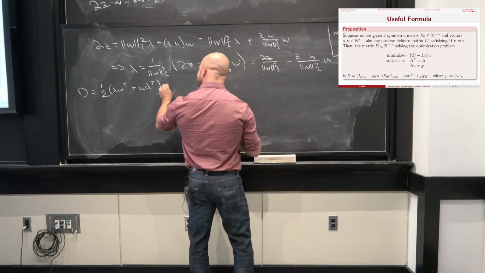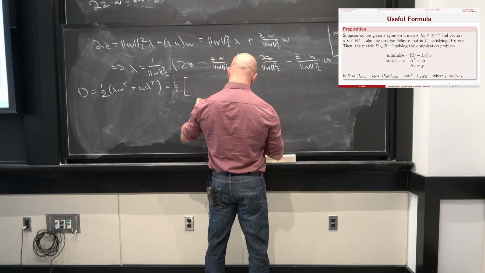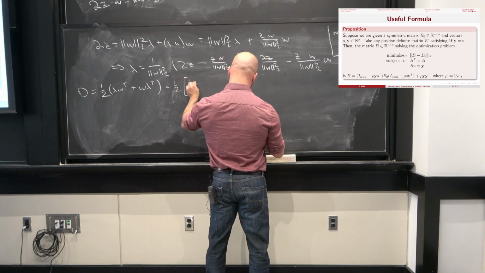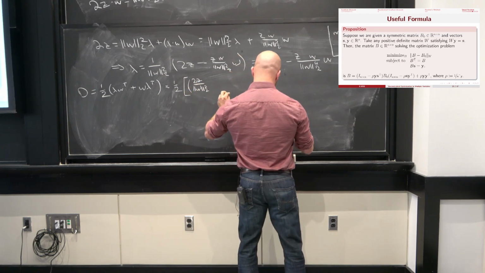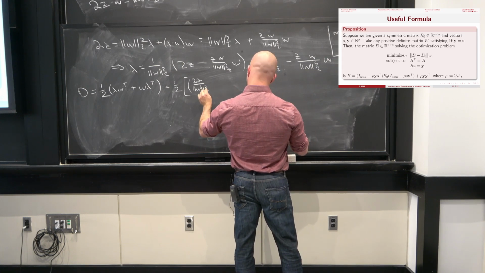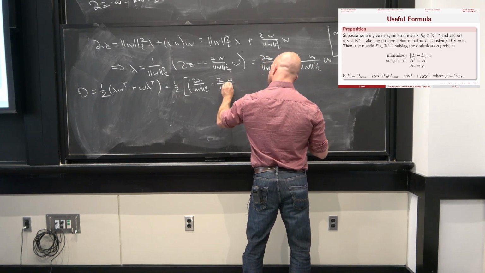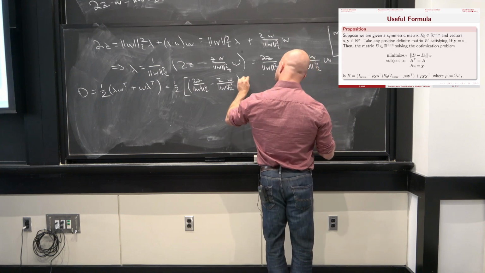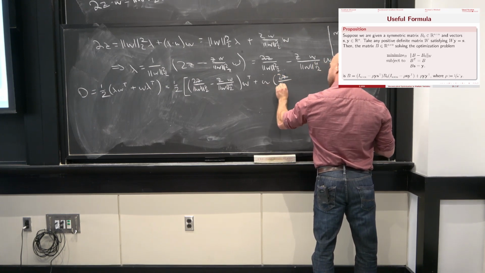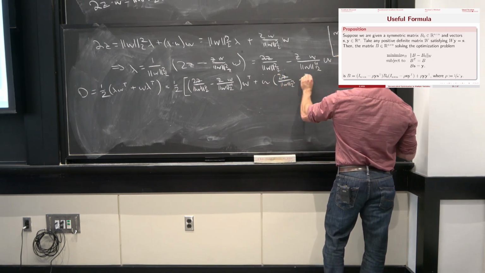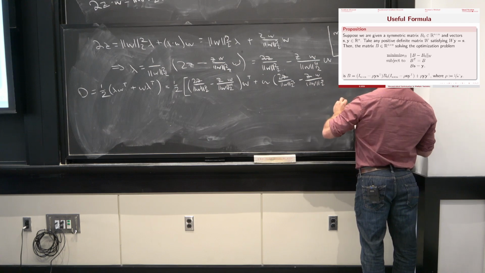So this is equal to 1/2 times lambda w transpose, where lambda is equal to 2z over mod w squared minus z dot w over mod w to the fourth, all of that times w transpose, plus w times this thing transposed.